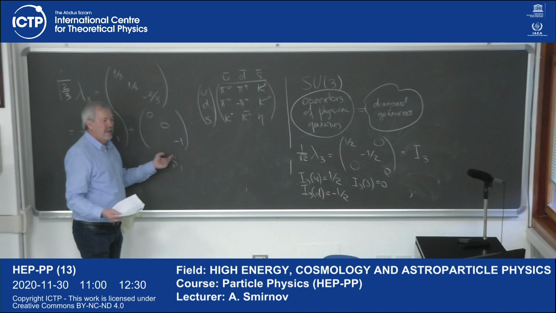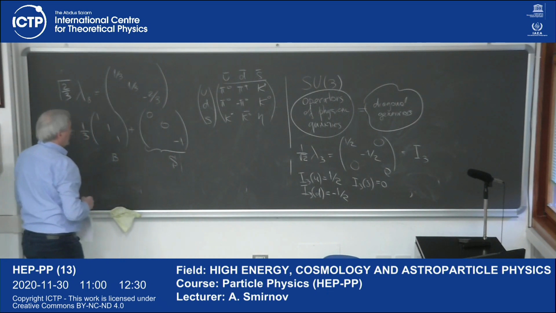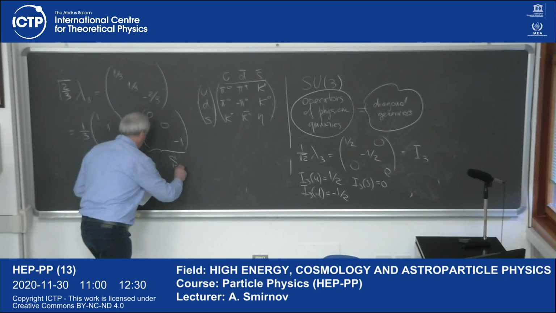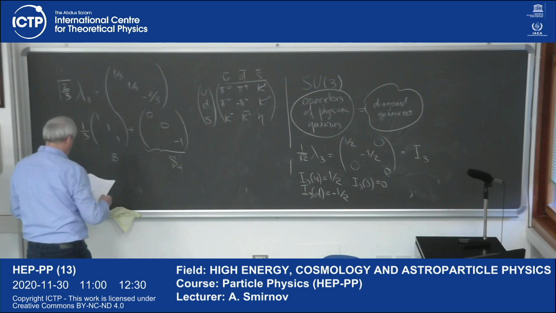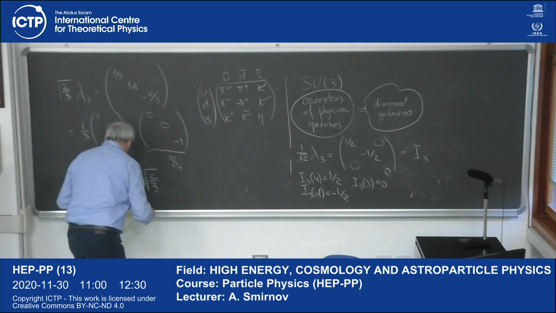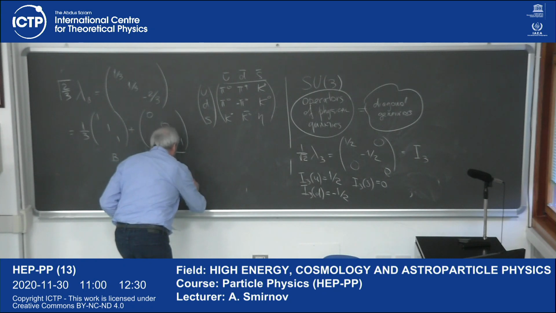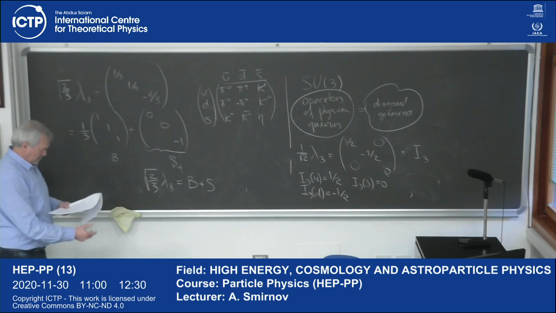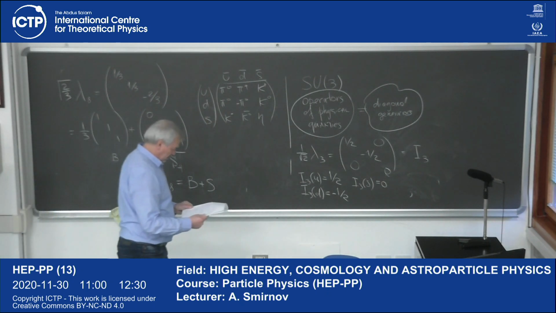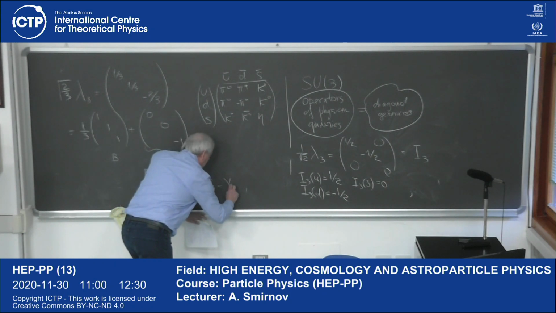K mesons have strangeness plus or minus 1, and so this part we can identify with the operator of strangeness. And we can write that square root 2/3 lambda 8 is the baryon number plus strangeness operators. And this is actually what we introduced before, the hypercharge.